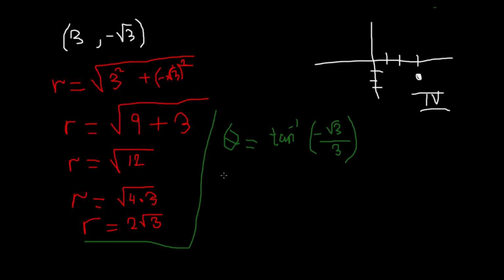Now you can use your calculator to find theta. If you know the unit circle, you would know that this value is negative pi over 6, or negative 30 degrees.